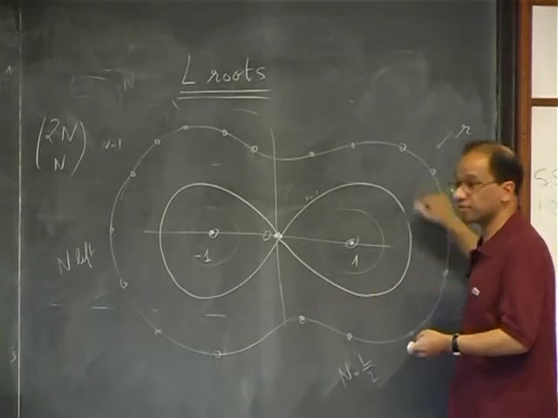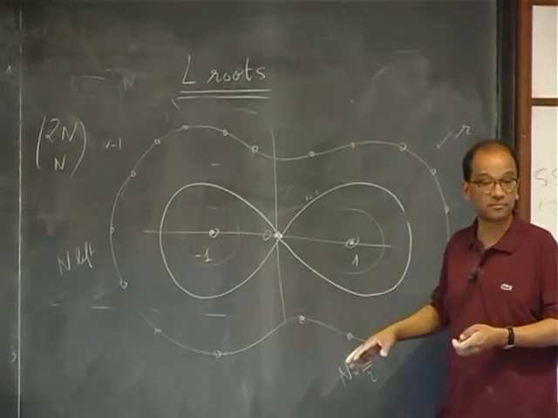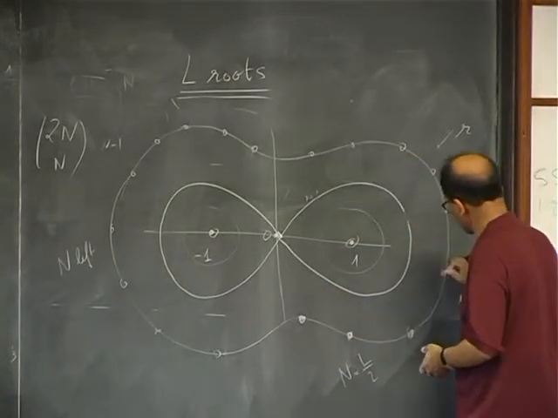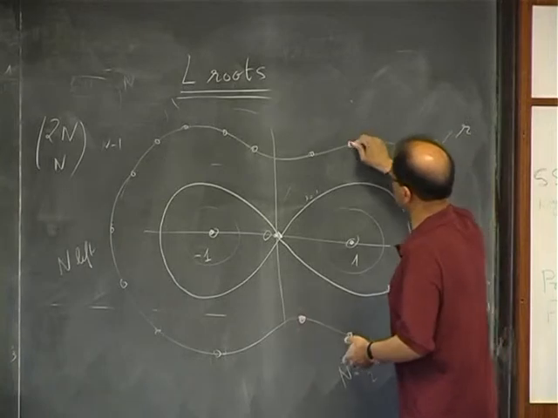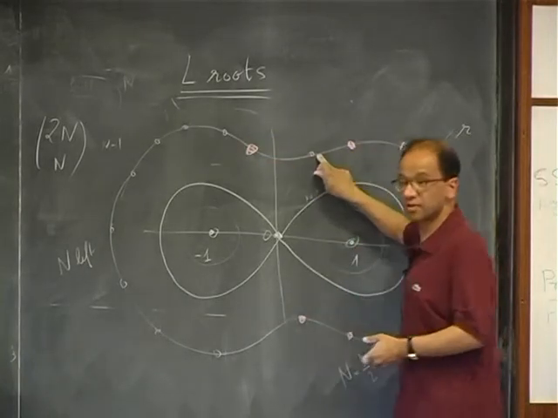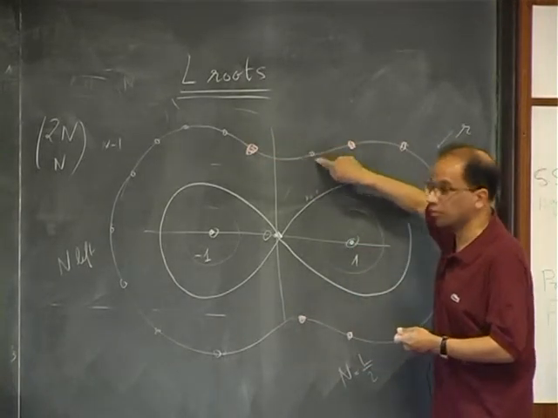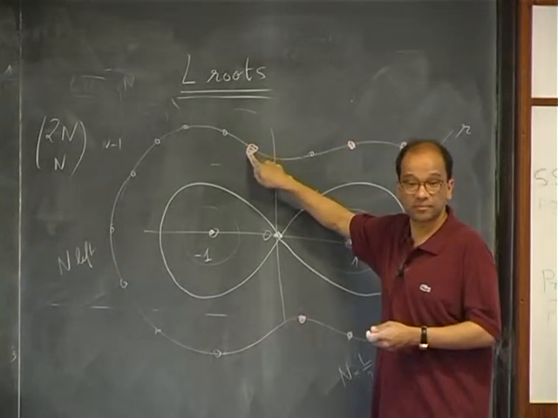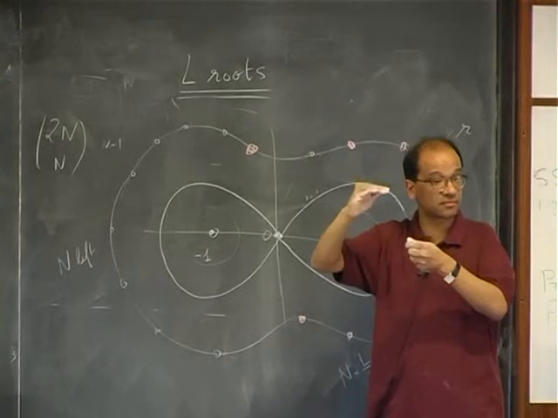It's like being in the Fermi sea or in the Dirac sea. And if you choose n minus 1 roots here, and take this one and skip this one, it's just like drilling a hole in the Fermi sea and taking one more root here. And this will give you an excited state.